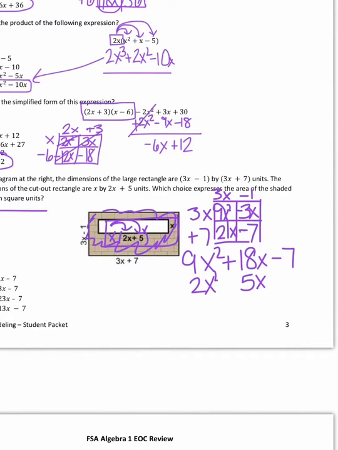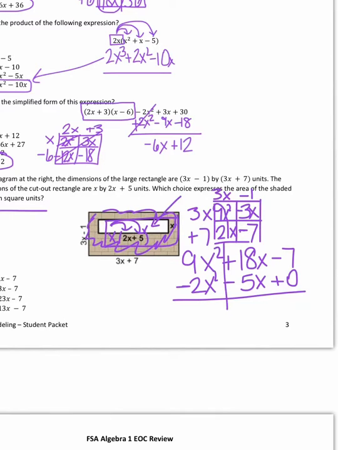So I have to find the area of the big minus the area of the small. So I'm going to change all my signs by multiplying by -1. So I have -1 times 2x squared is -2x squared. -1 times 5x is -5x. Now you see why I didn't put my signs in yet. And then, just to keep the same form, I'm going to go ahead and add 0 as a placeholder.